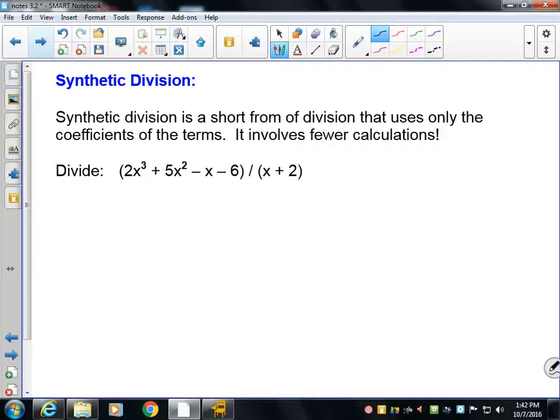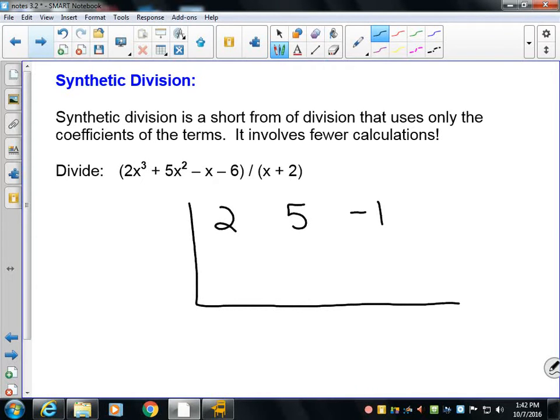You guys remember this upside down L? This is 2 lines in your notebook. 1 line, 2 lines, and then a line for the answer. Okay? Now, up here, I am taking the coefficients of the values. Okay? Do you see where I got those numbers from?